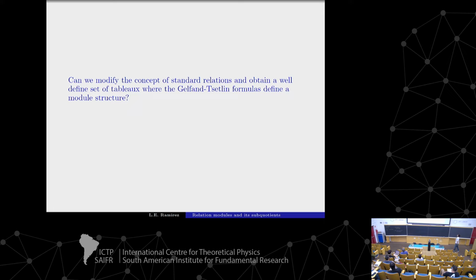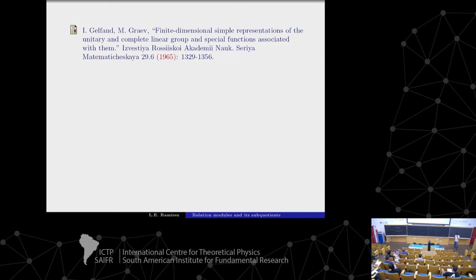This problem didn't come from nowhere; it was studied before. Gelfand and Graev studied this. They tried to change the conditions a little bit in order to obtain new infinite dimensional modules, and they did it for GL3 and GL4.